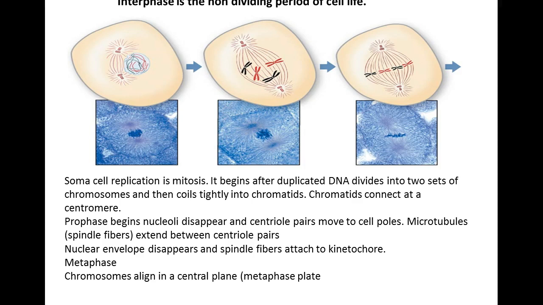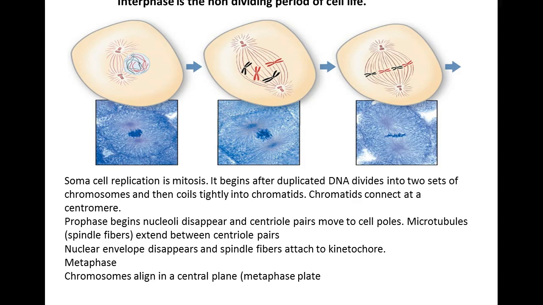But before it pulls them apart, prophase is when the nuclei disappear. Centriole pairs move to the opposite poles of the cell, and cause the DNA or chromosomes, the sister chromatids at that time, to line up down the middle.